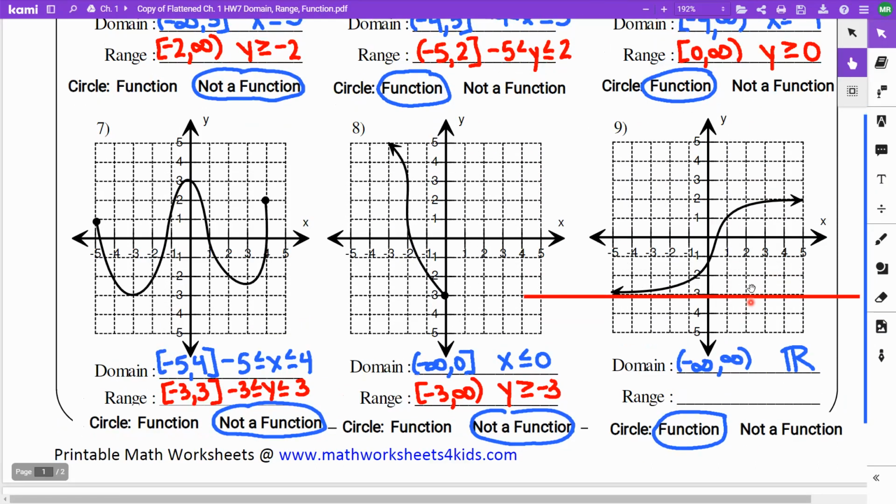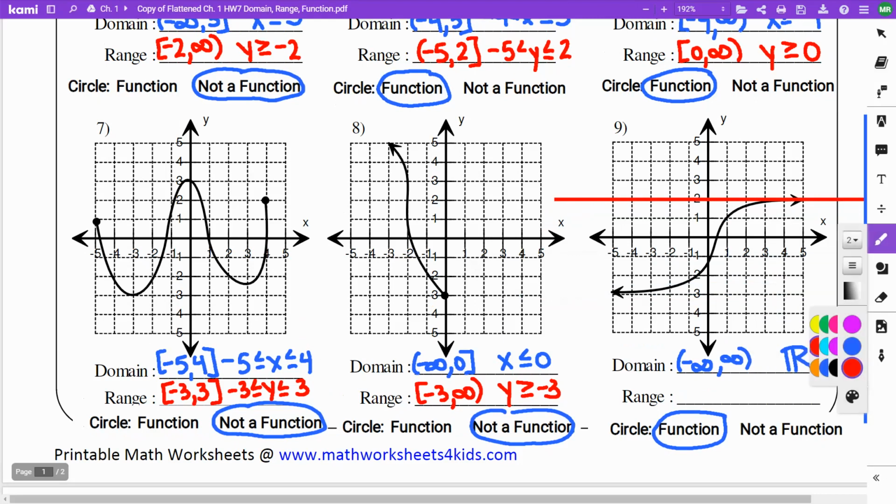And here, as it's going up, it is going to be going forever out. So since it's going to go up forever and down forever, that's going to be -infinity to infinity, both open brackets or all real numbers. Okay, let's take a peek at the next page.